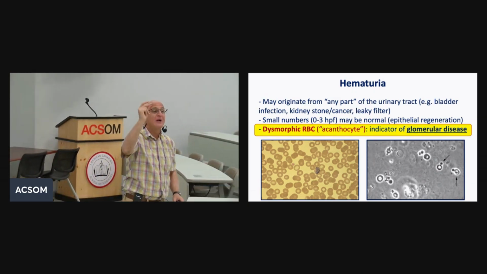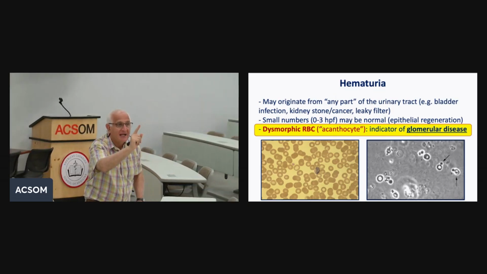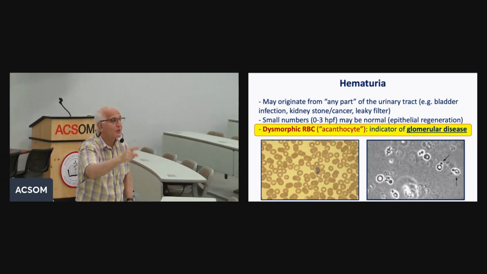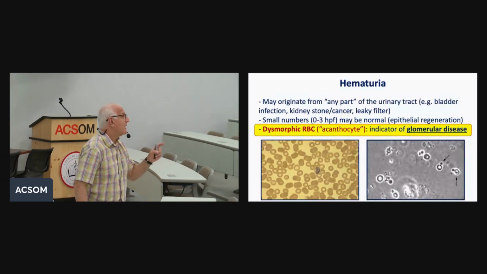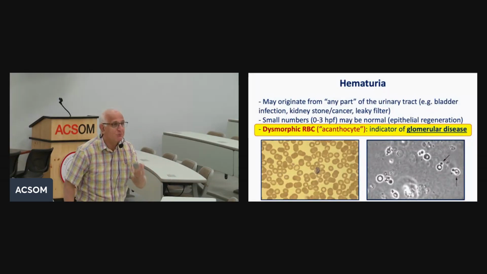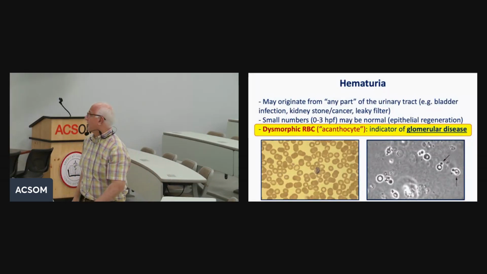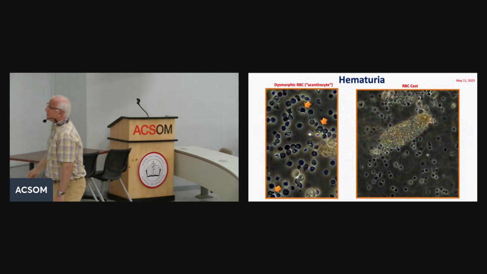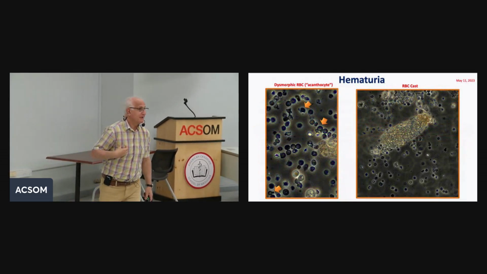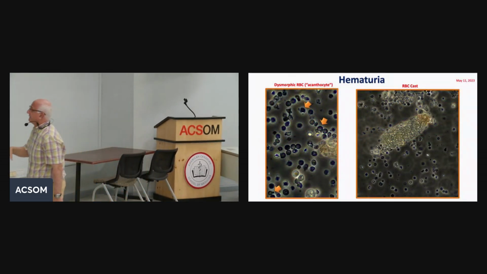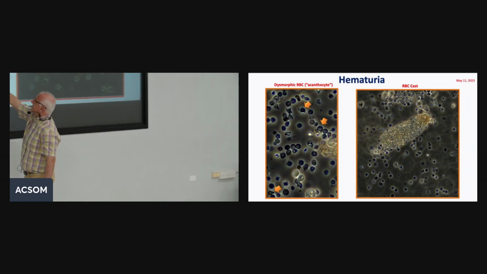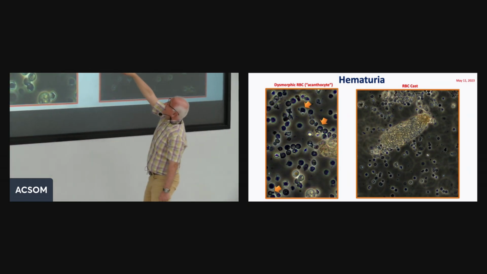When somebody tells you acanthocytes, that person is telling you glomerular disease. Buzzword. Acanthocyte, dysmorphic RBC, glomerular disease. And I am so proud of our microscope at the University of Florida. I put this for myself. Look at these beautiful RBCs here. Look at that here.